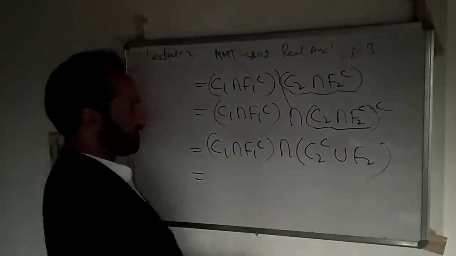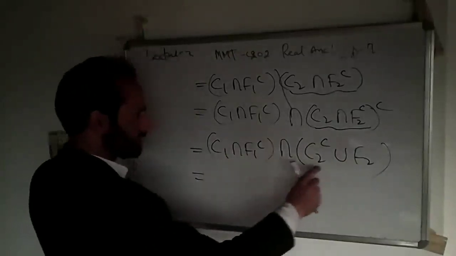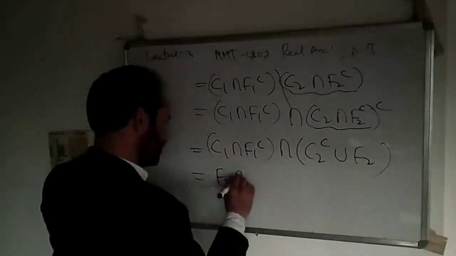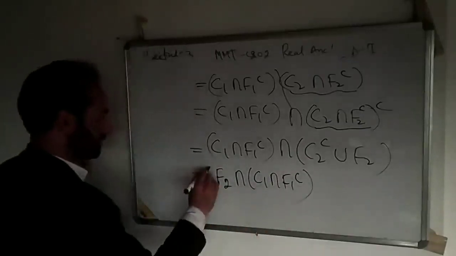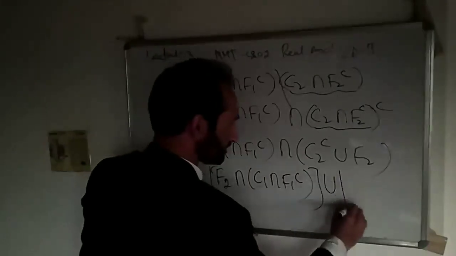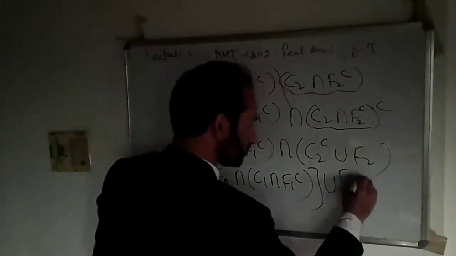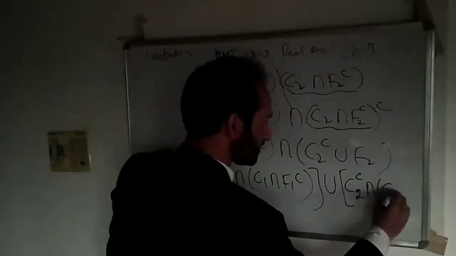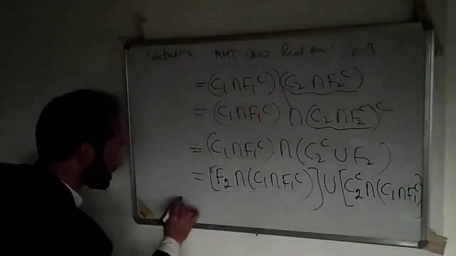Now apply the distributive law of union over intersection. This is F2 intersection C1 intersection F1 complement, then union C2 complement intersection C1 intersection F1 complement.